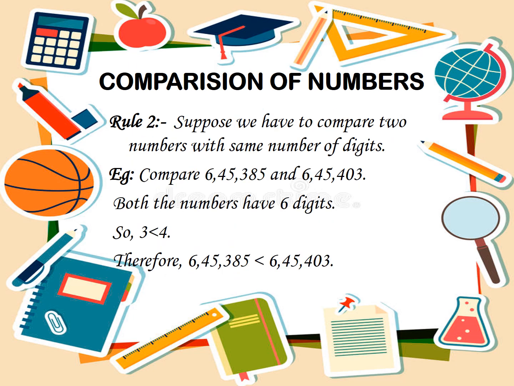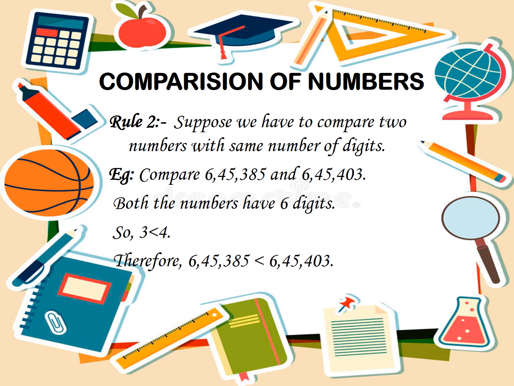Rule 2. Suppose we have to compare two numbers with the same number of digits. For example, 6,45,385 and 6,45,403. Both the numbers have 6 digits. So in the hundreds place, we will compare both the numbers.